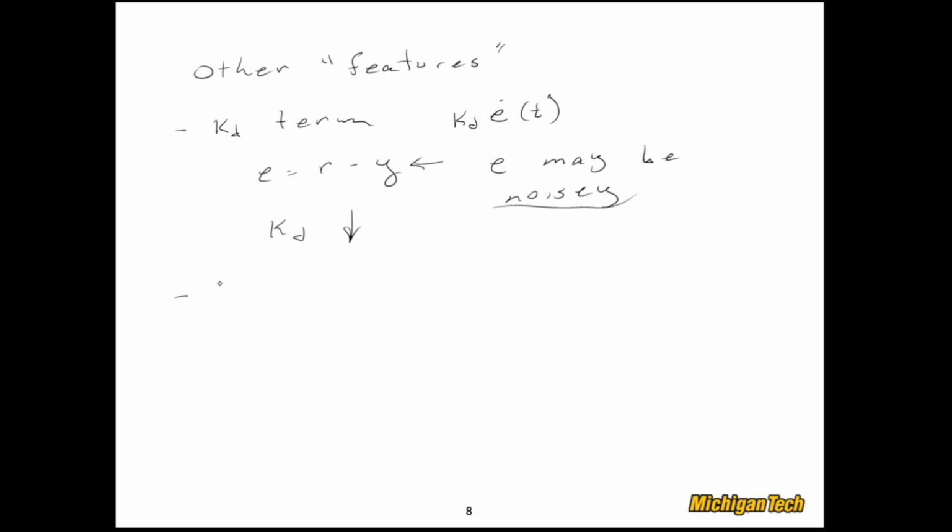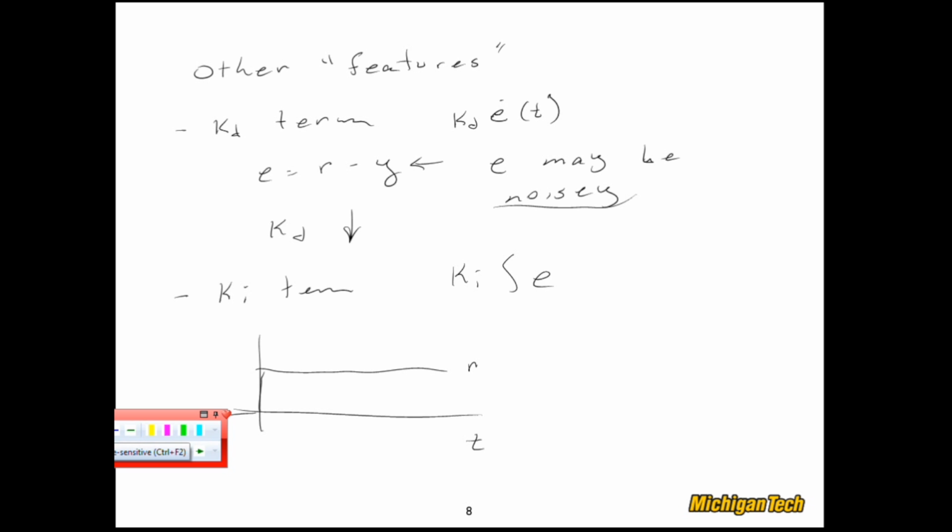The other term of interest is Ki. Now that looks like Ki times the integral of the error. Imagine what happens if you give the system a unit step. Boom, like so, and it was sitting down here at 0. So let's say this is our reference, and now I'll draw the output y. So it starts coming up like this.